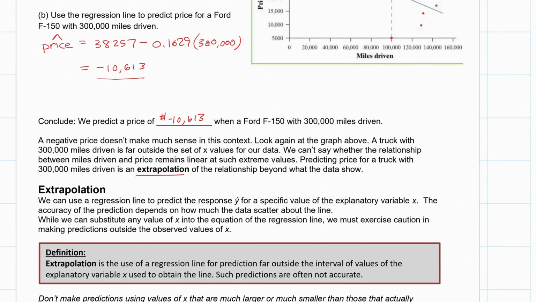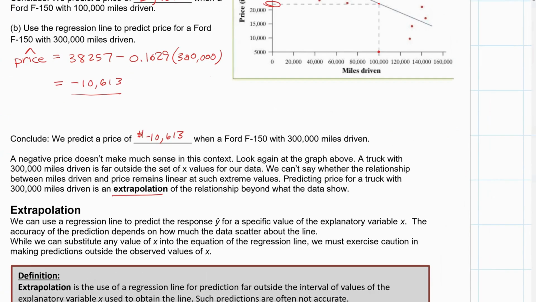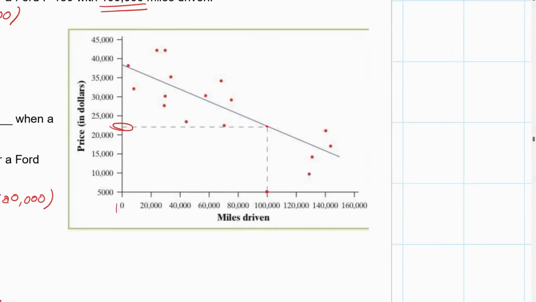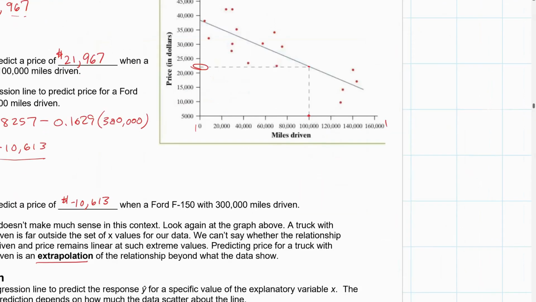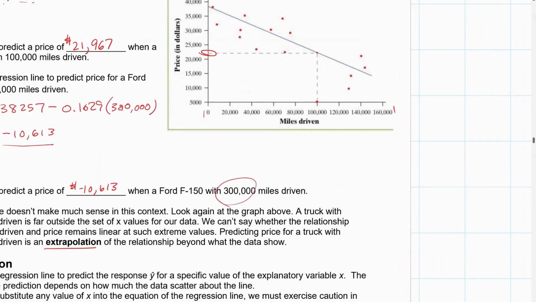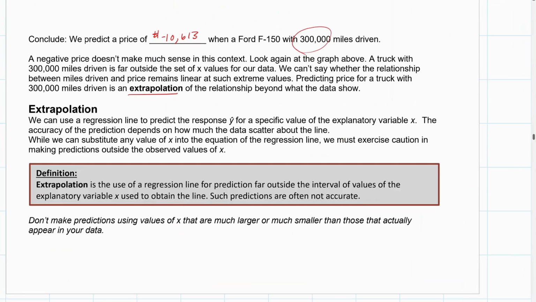Now, when we have a model, like in this model, the number of miles driven runs from 0 to 160,000. We think that the model is probably reasonable for miles driven values that are in that range. But 300,000 miles is nowhere near that range.